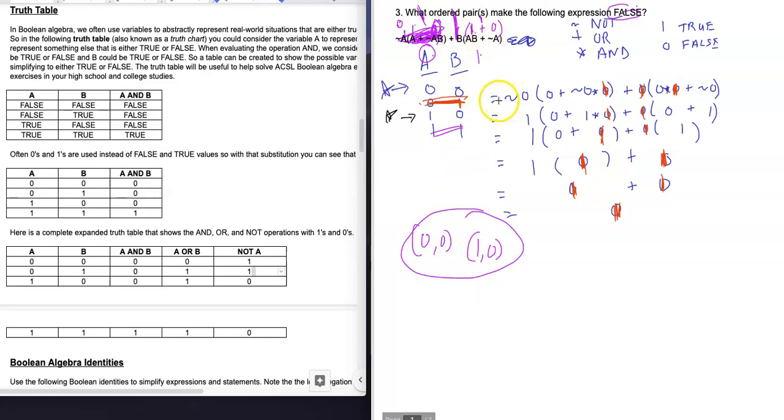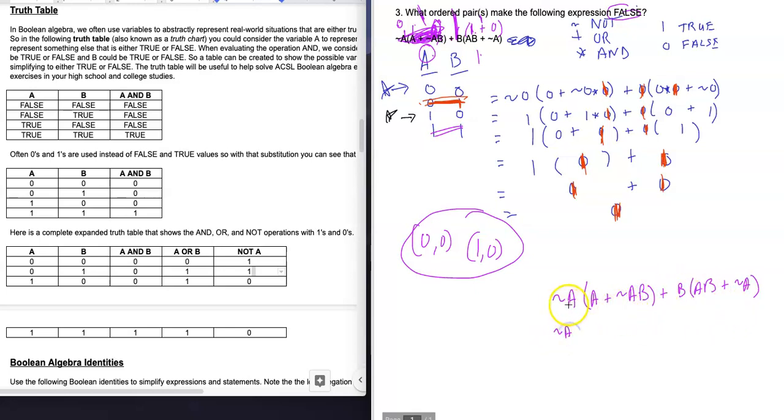Instead of plugging in the 4 ordered pairs, we could have simplified that original expression using identities of Boolean algebra. And we still would have had to have plugged in the 4 possible ordered pairs, but we could have simplified this.